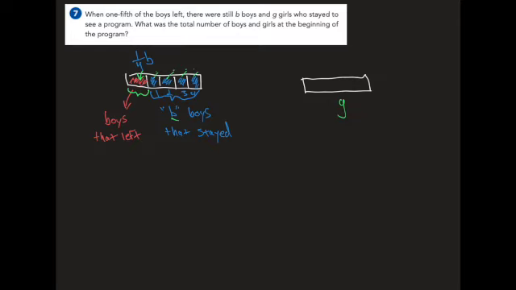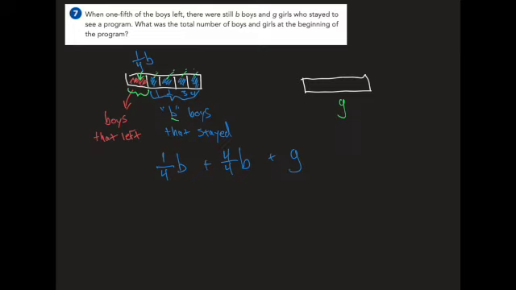So when I put this all together, I have 1/4 of B that represents the boys that left. I've got 4/4 of B that represents the boys that stayed. And then I have G, which represents the girls.